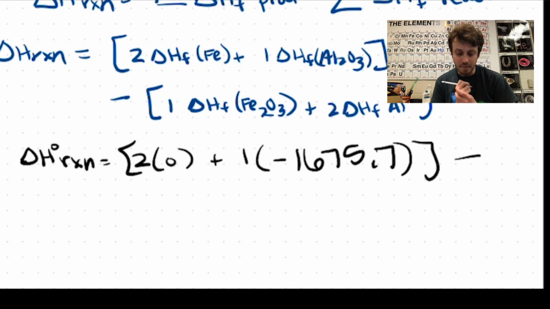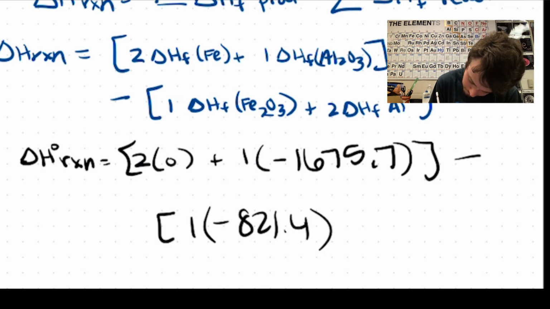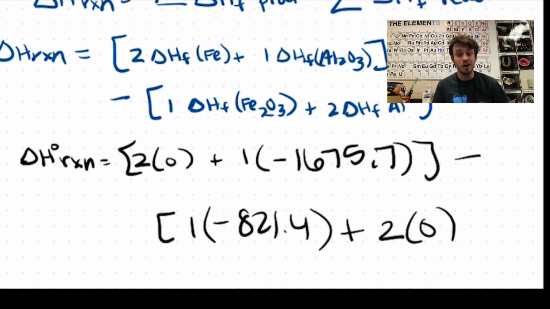minus my reactants. My reactant here was Fe2O3, and that's 1 times negative 821.4 plus 2 times 0, right? Because aluminum is an element in its standard state.